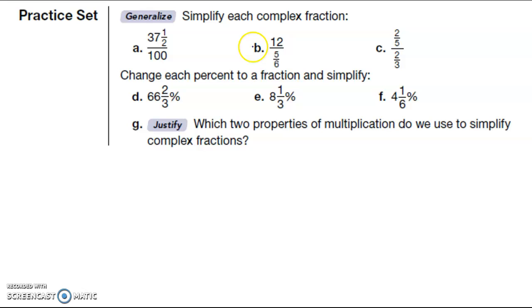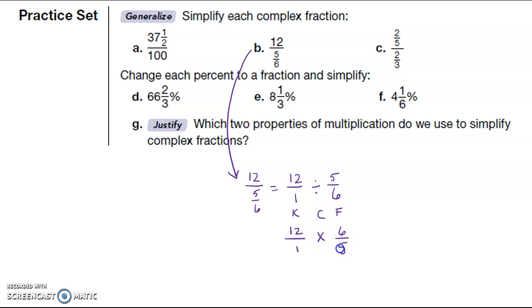Alright, so if you don't intuitively already know how to do this, you're going to need to write this down in your spiral or on a sheet of paper. So here we have 12 divided by 5/6, which is equal to 12 over 1 divided by 5 over 6. We're going to keep change flip. So I have 12 over 1. Change the divide to multiply, flip this one.